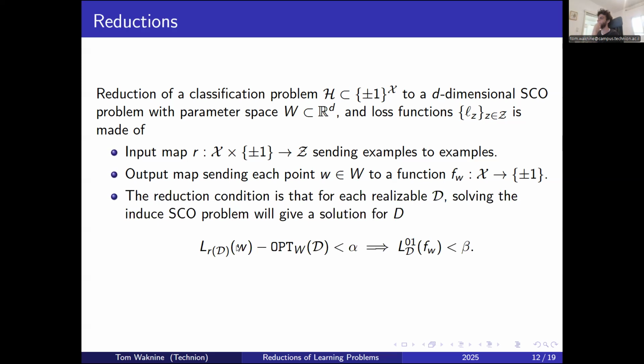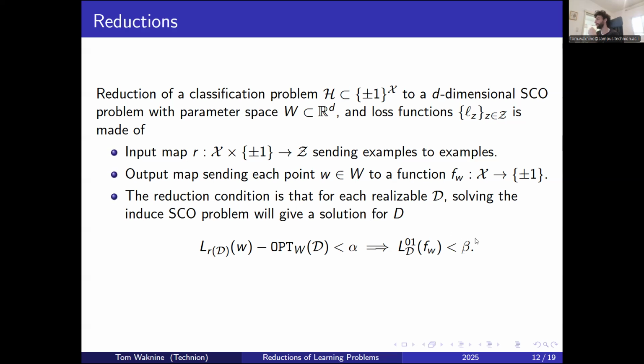And then you say that if W solves it, in the sense that it is alpha-optimal for some parameter alpha, then the induced solution f of W needs to solve the original problem, in the sense that its error is less than beta. Now, both alpha and beta are internal parameters. We don't really specify what they are.